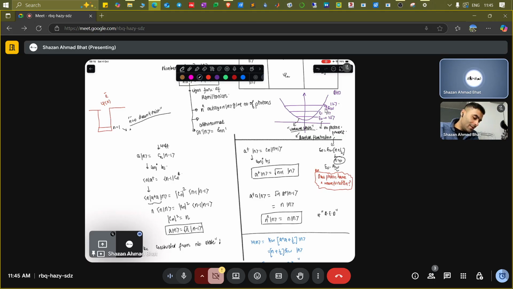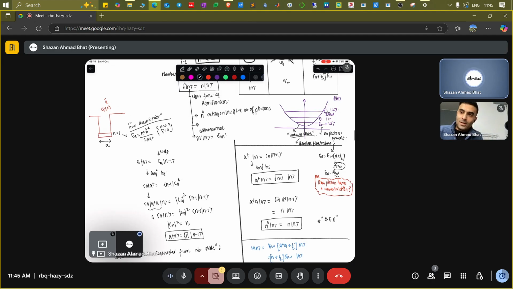Because the energy E_n for the electrons here is n squared h bar squared divided by 2ma squared, where a is this dimension. If you put n equals 0, it will be E equals 0. There is no energy state, and there's nothing. That's why we start from n equals 1 in case of the electrons in a quantum level.